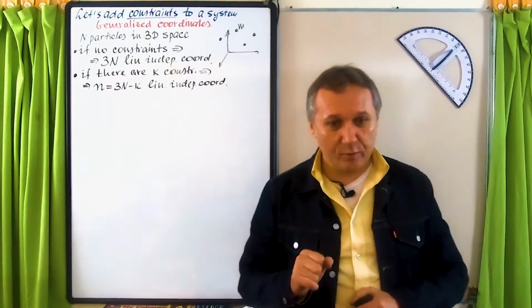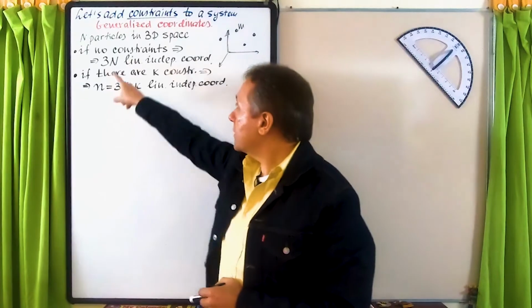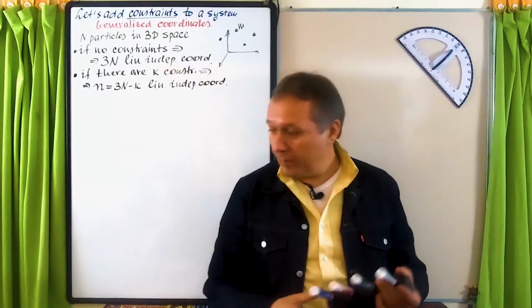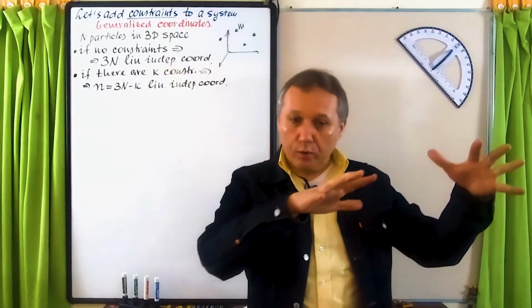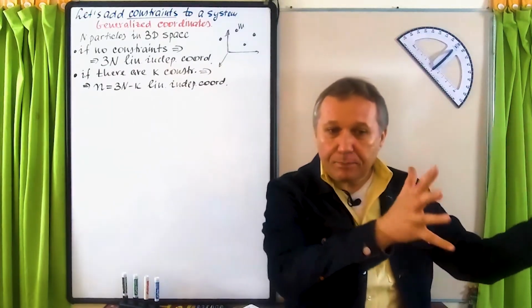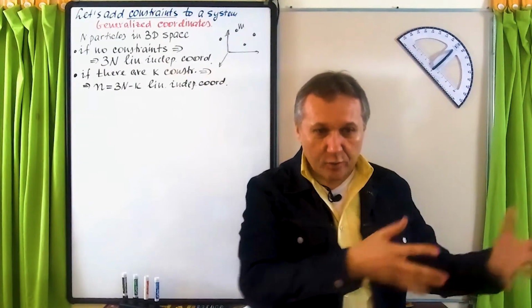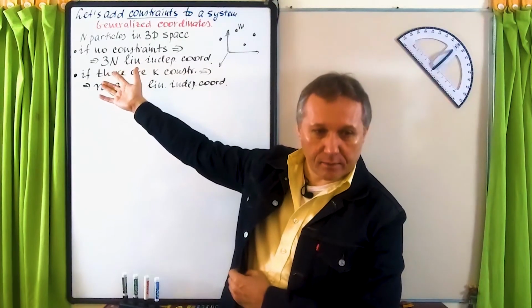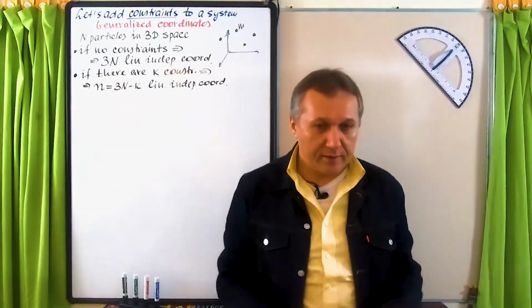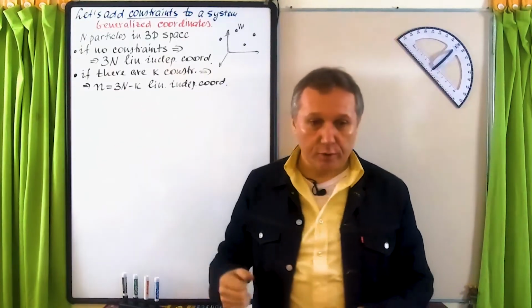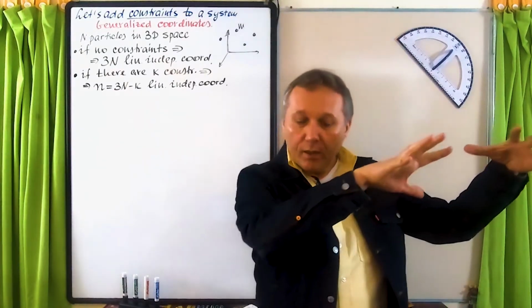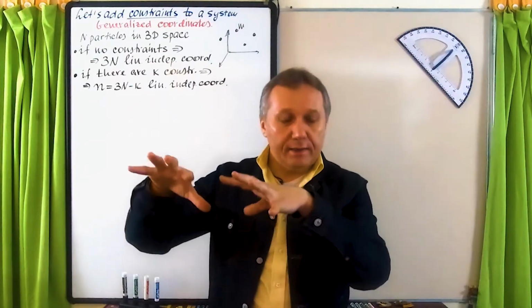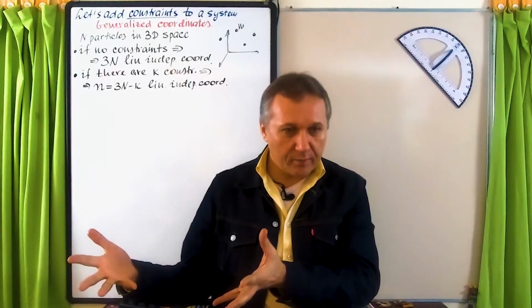So we just need to make a transition from 3n coordinates to 3n minus k coordinates. If you have k constraints, of course, 3n are going to be linearly dependent, and only 3n minus k linearly independent. So you are going to make a transition from a set of linearly dependent coordinates, 3n, to a new set of linearly independent coordinates, 3n minus k.